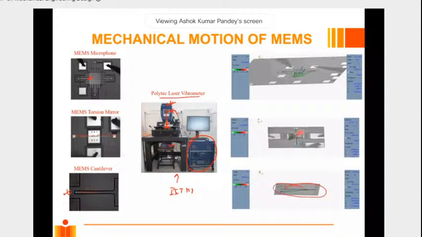So this is what you can measure, and all these dimensions are of the order of 100 to 500 micron. I'm talking about this length. This scale is of the order of around 500 micron, I would say, and you can measure this with the help of this vibrometer.